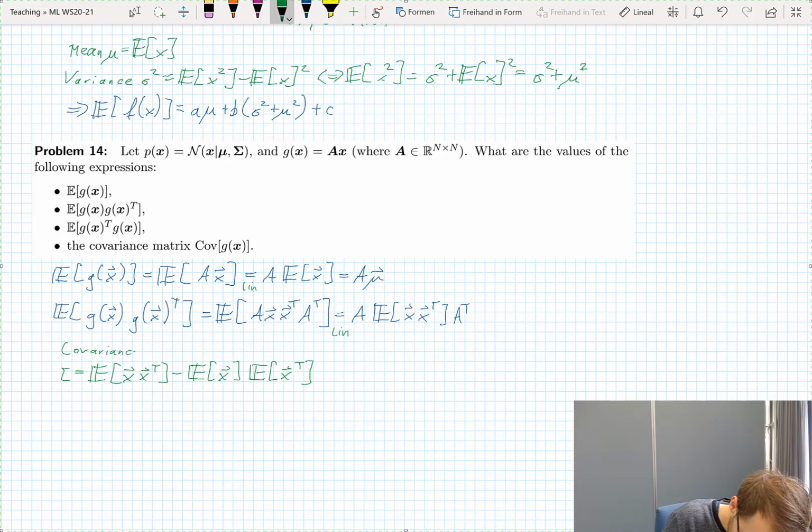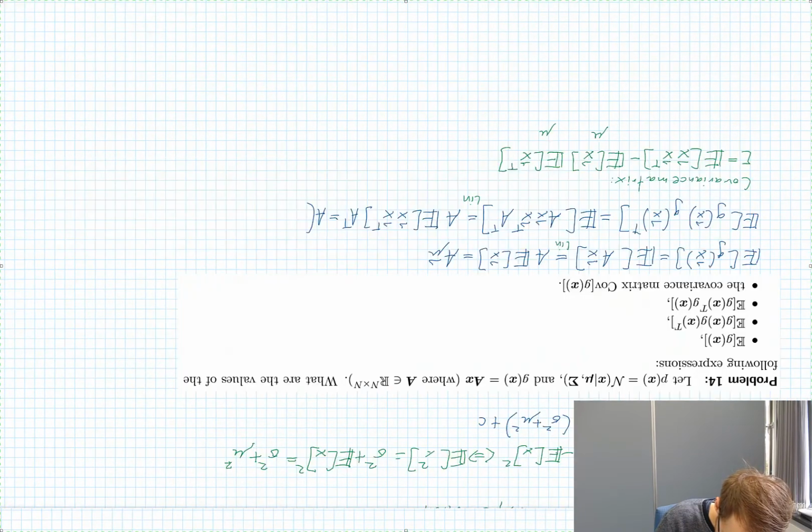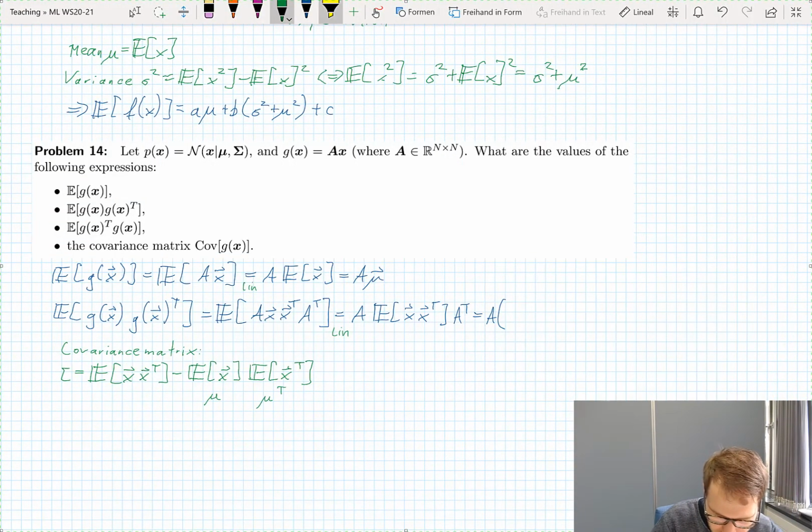Good. So now that we know this part, we know that this equals A times, so again we can do the same trick, because this is mu mu transposed, right?